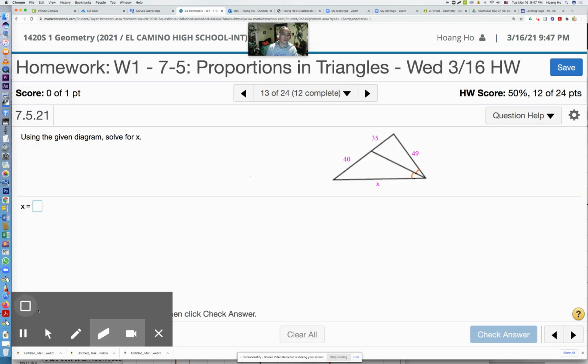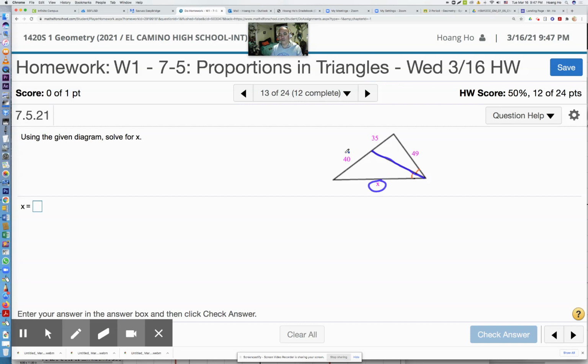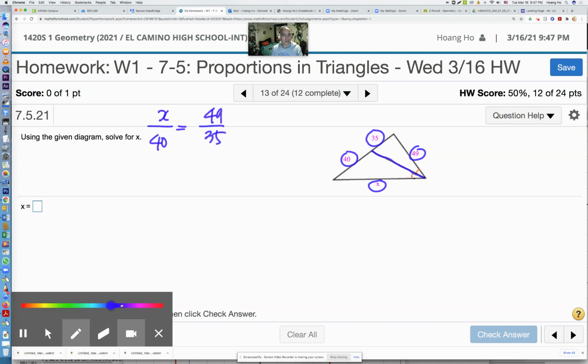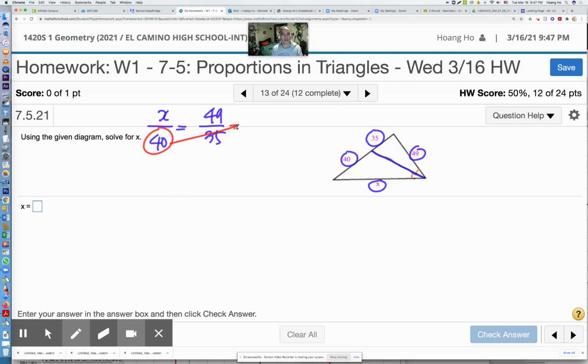Number 13. Very similar. You got angle bisector, then you can set up a proportion. You want to find x, so I will set x on top. x over 40 equal 49 over 35. I cross multiply 40 to the other side, then I got x equal 49 over 35 multiplied by 40.